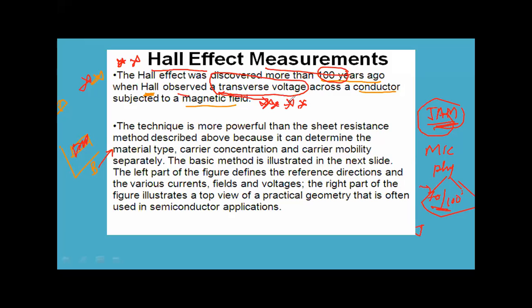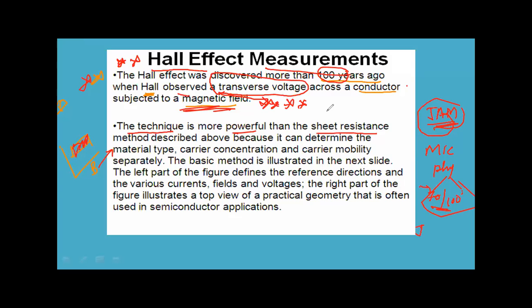What did he apply in the experiment? A magnetic field. When was this discovered? 100 years back. What did he place here? A conductor. And this technique is more powerful than sheet resistance.